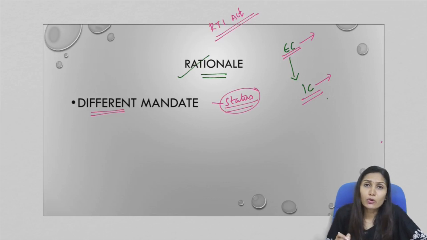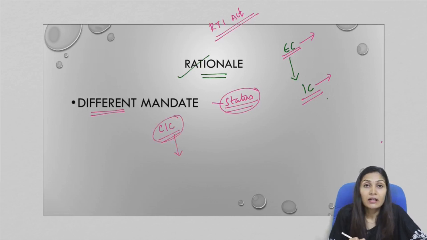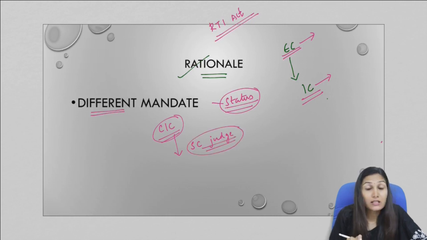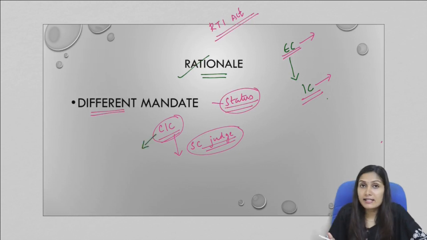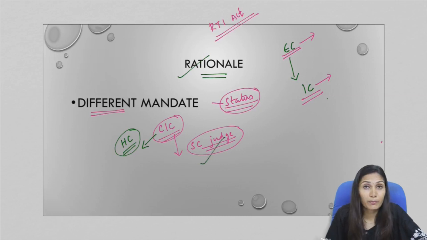Now, if we need to quote an example, the Chief Election Commissioner has been given the status of a Supreme Court judge. Similarly, the Chief Information Commissioner has the status of a Supreme Court judge. But if we analyze in more detail, we will see that the judgment of the Chief Information Commissioner, or the CIC, can even be challenged in the High Court, even though he has been given the status of a Supreme Court judge.